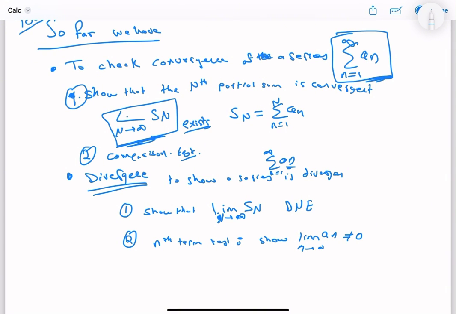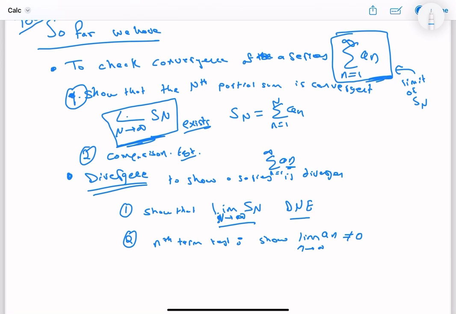Since this series is defined to be the limit of the partial sums Sn, if the limit of Sn does not exist or is equal to infinity, then the series diverges. So this was one tool for checking divergence of a series.